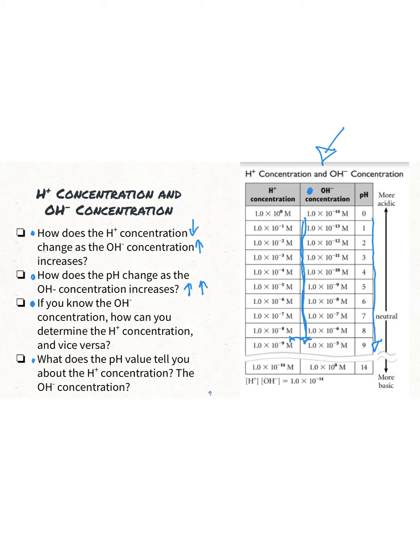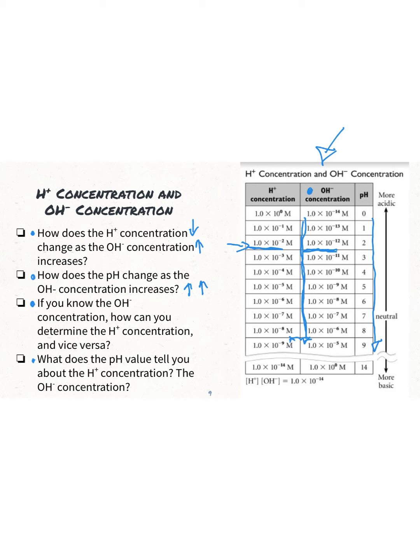If you know the hydroxide concentration, how can you determine the H plus concentration and vice versa? Well, let's take a look. If we know, for example, let's take a look at this row, that we have 1 times 10 to the -12th molar of our hydroxide concentration, that allows us to know the H plus concentration, because there's a relationship there.